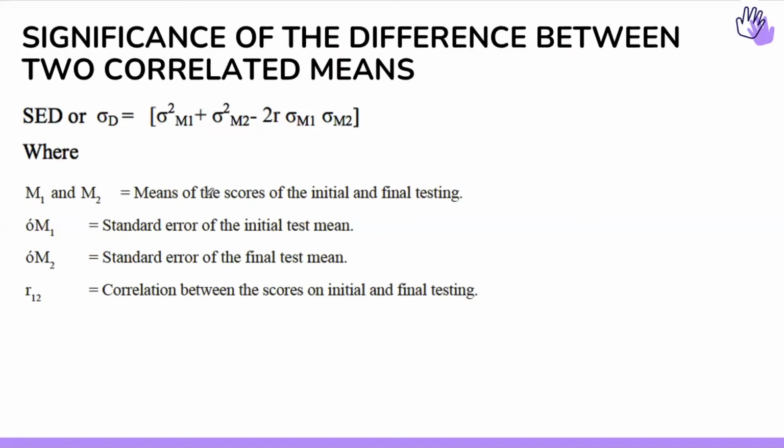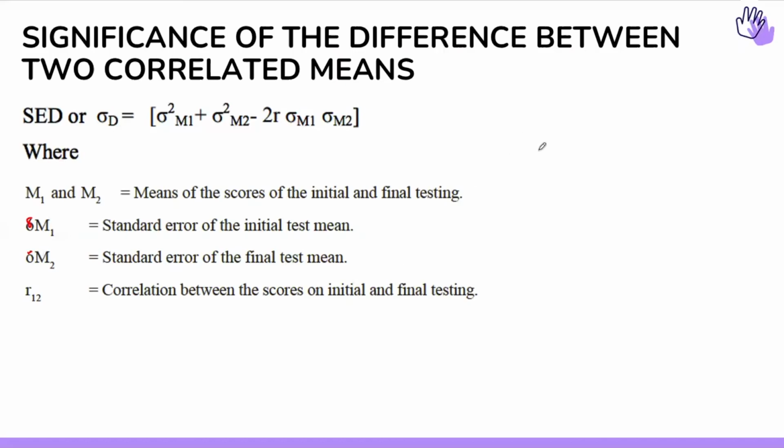Here M1 and M2 are means of the scores of, suppose, initial and final testing, and sigma M1 is the standard error of the initial test mean and sigma M2 is the standard error of the final test mean. R12 is the correlation between the scores of initial and final testing.